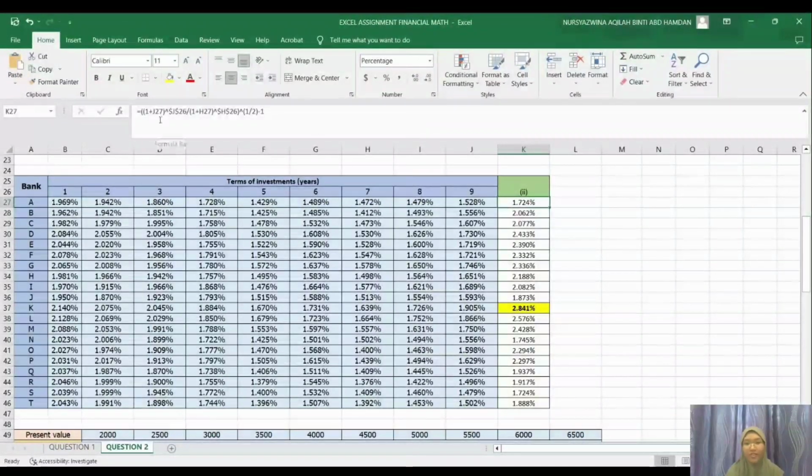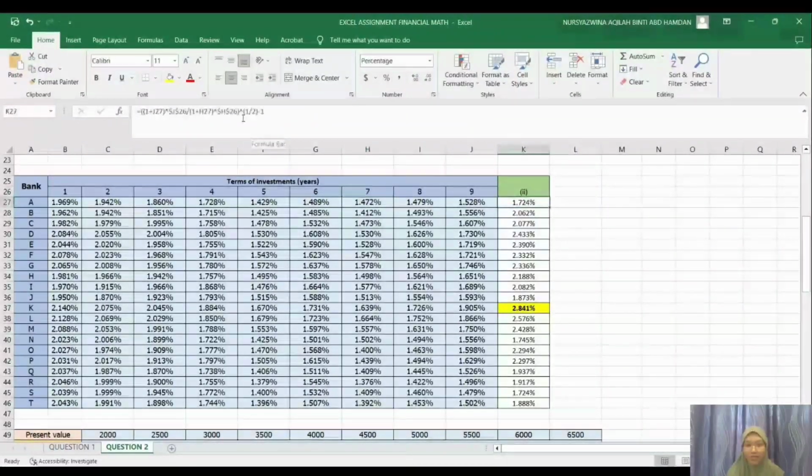The calculation is 1 plus J27. J27 here is the spot rate at 9 years, to the power of 9, which is the year, divided by 1 plus I27, which is the spot rate at the 7 years, to the power of 7, which is the year of 7.